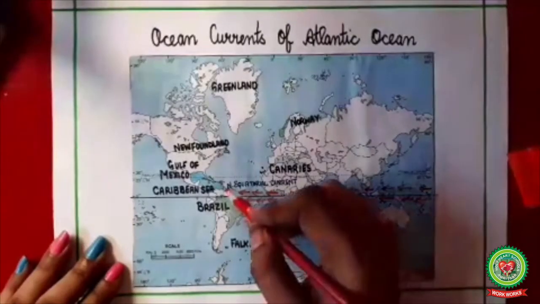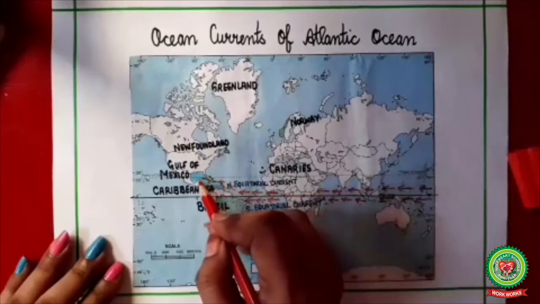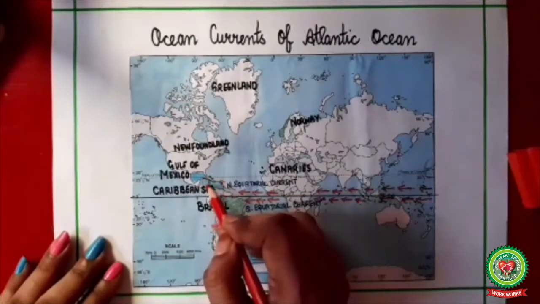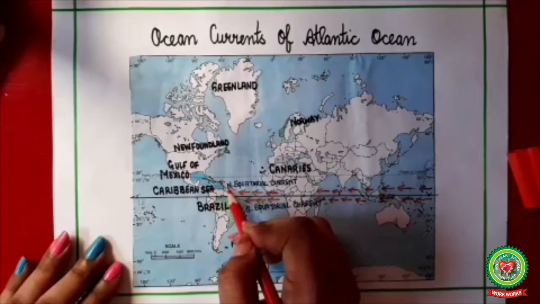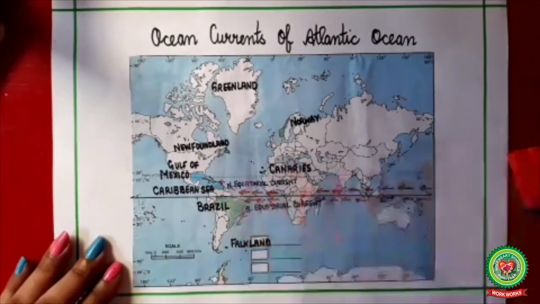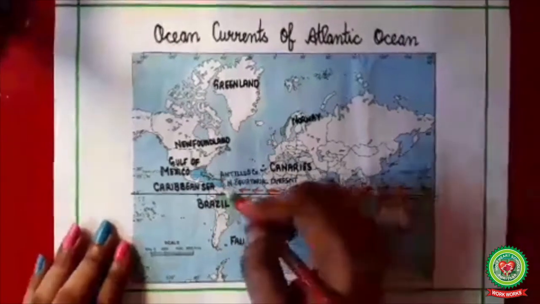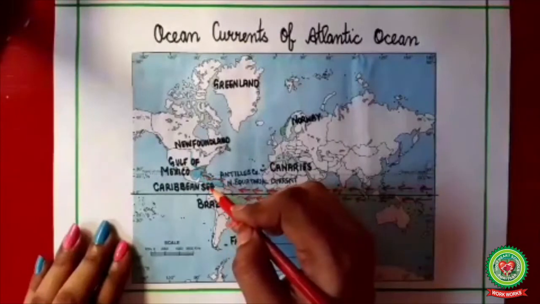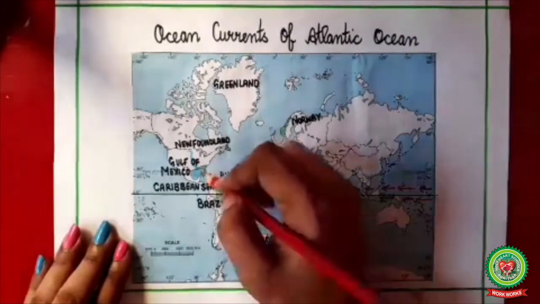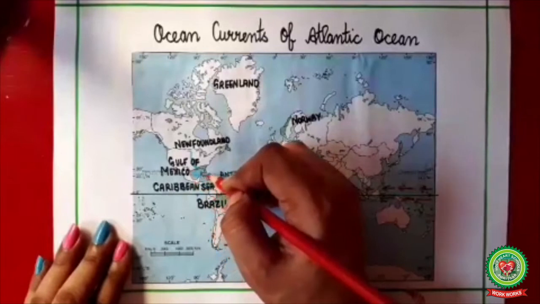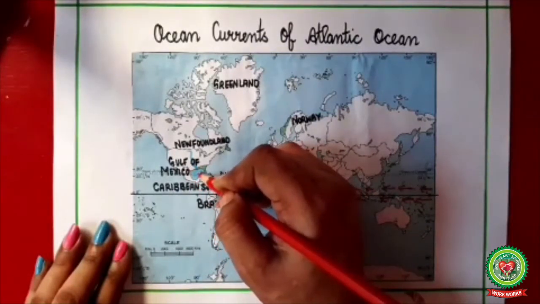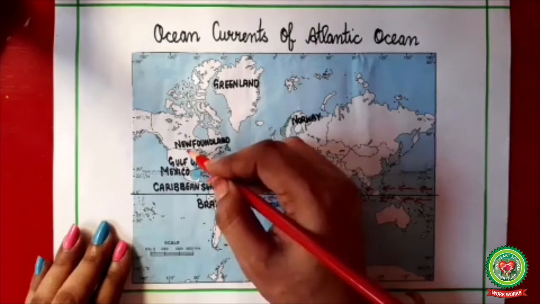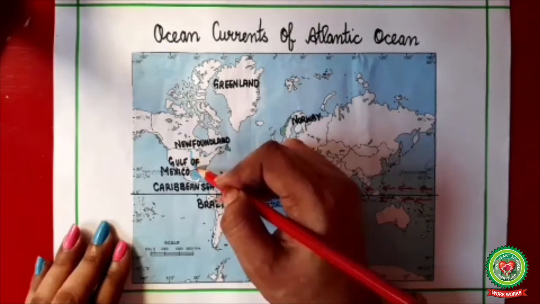The north equatorial current reaches the West Indies. These are the islands of the West Indies and here it is named the Antilles current. After crossing the West Indies, the Antilles current reaches the Gulf of Mexico. This is the Gulf of Mexico, the largest gulf in the world. Here the longest river of North America, the river Mississippi, falls.